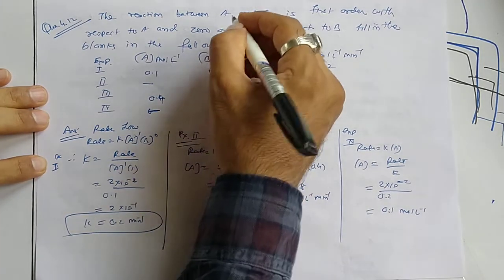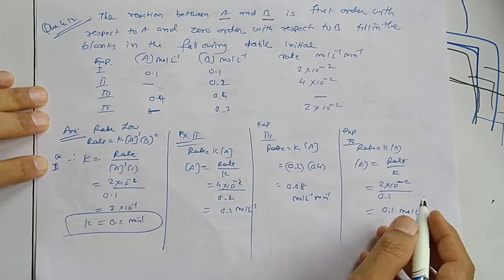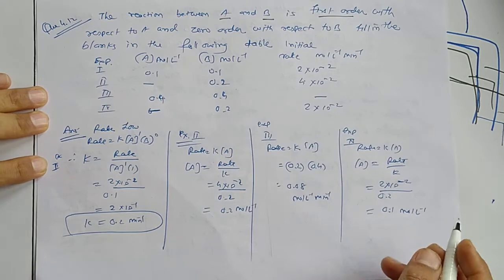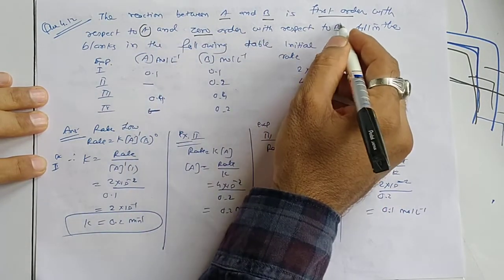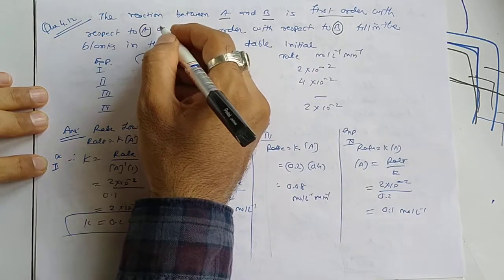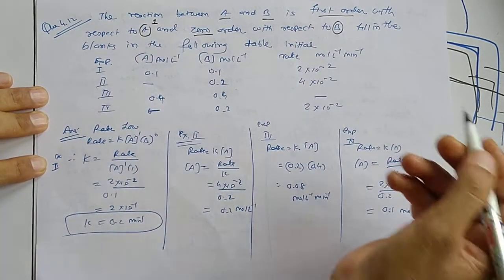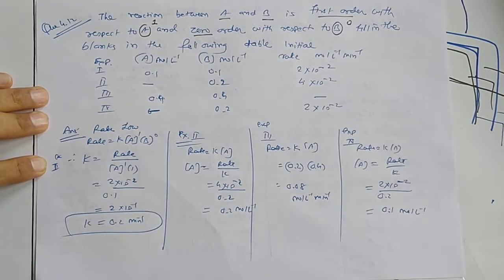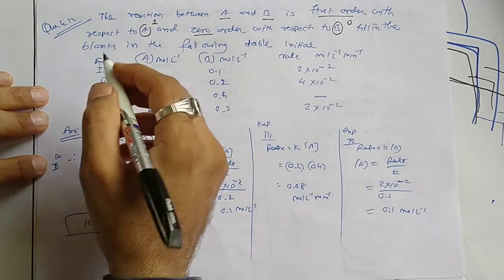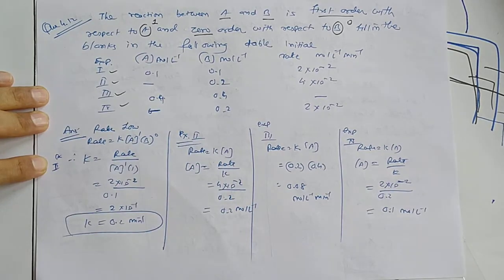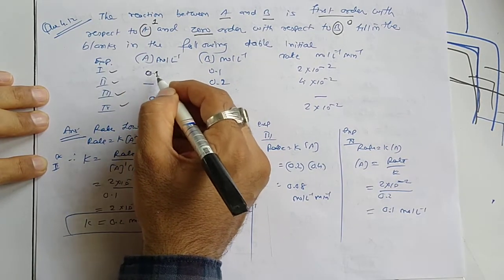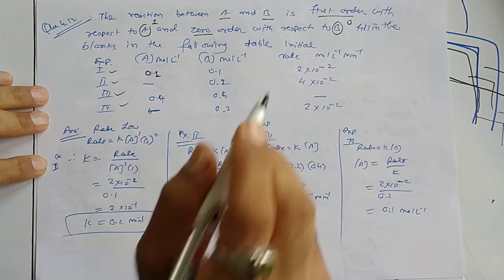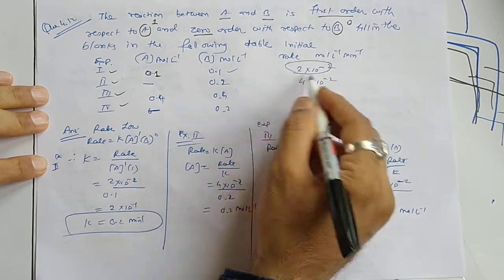Question 4.12. The reaction between A and B is first order with respect to A and zero order with respect to B. Here the power will be 1 for A and here it will be 0. Fill in the blanks in the following table. Four experiments were done. The concentration of A in the first experiment is 0.1, and the rate is given.